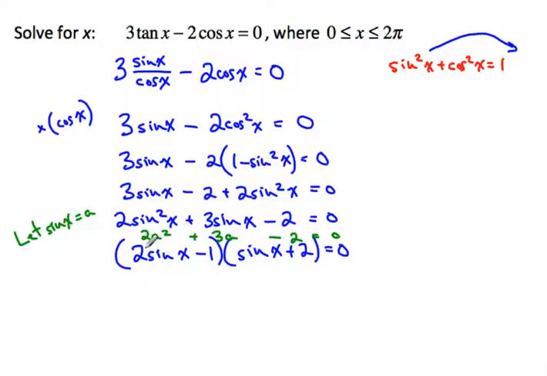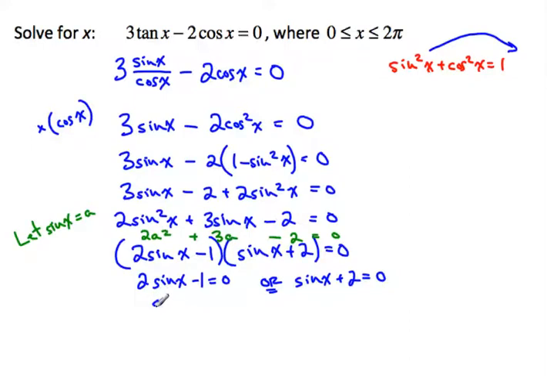And then we factored and later would have replaced a back with sine x as in the first example. But if you can see it, you can go straight to here. That means that we've got either of two things happening on the left side for it to equal 0. Either 2 sine x minus 1 is equal to 0, or sine x plus 2 is equal to 0.